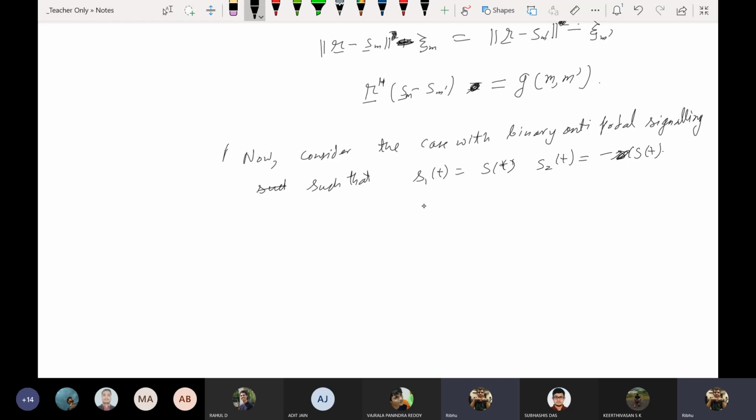Or rather, S1 equals root over Es, and S2 equals minus root over Es.